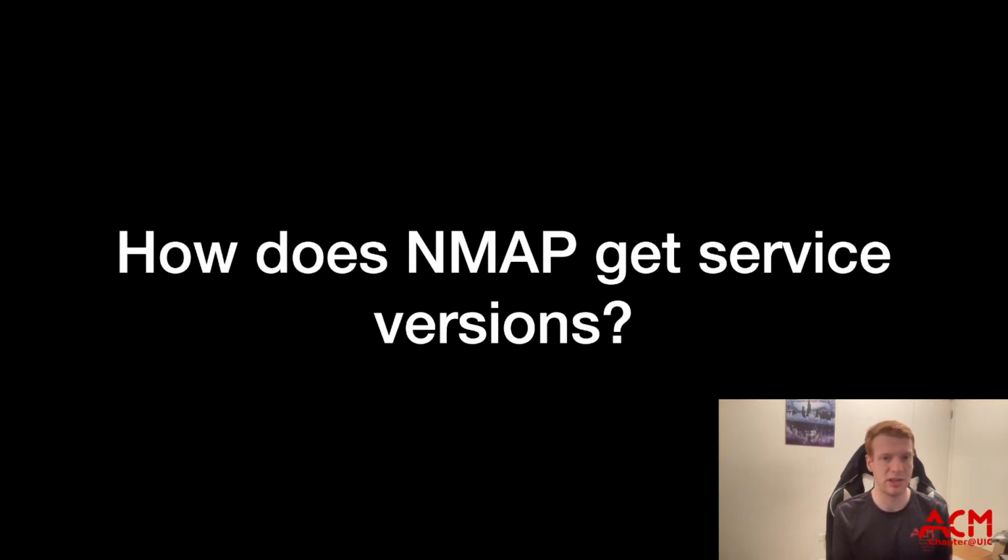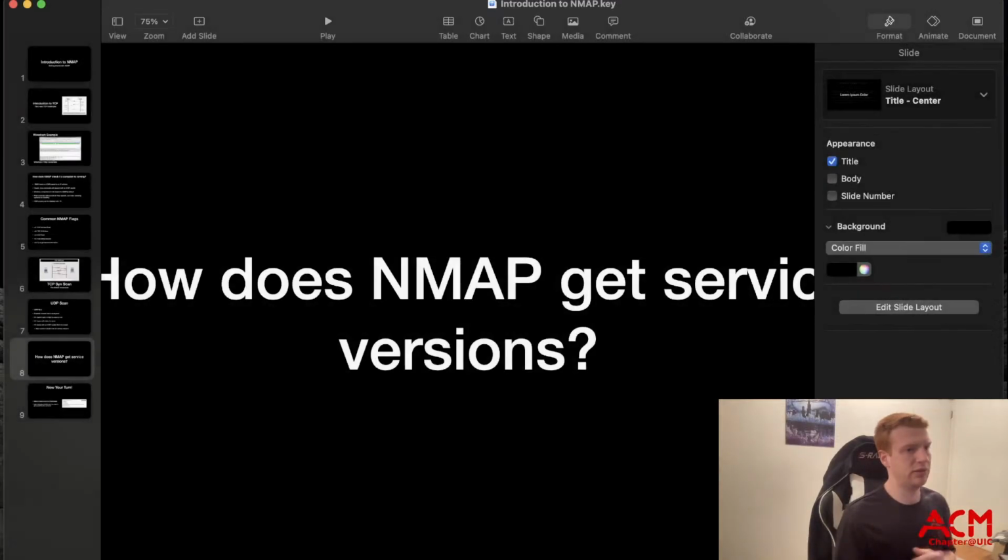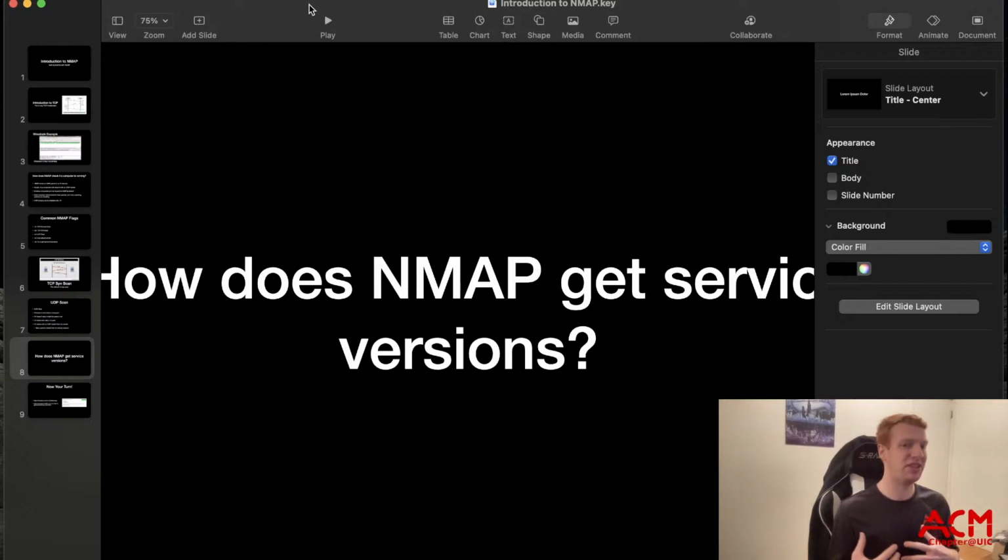Most services will tell you. Just like if you walk up to somebody and say, "Hi, what's your name?" they'll usually respond with their name. Most, if not all, services do this by default. I'll be showing you how Nmap actually does it.